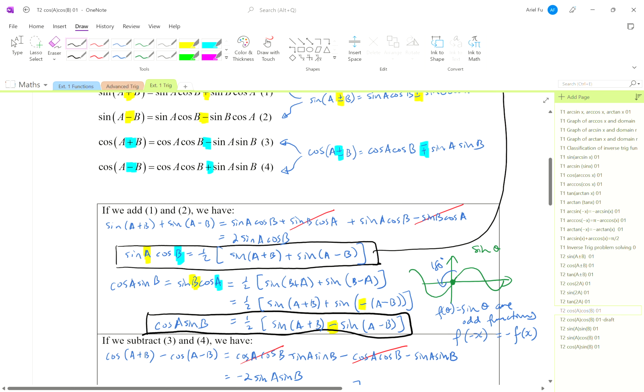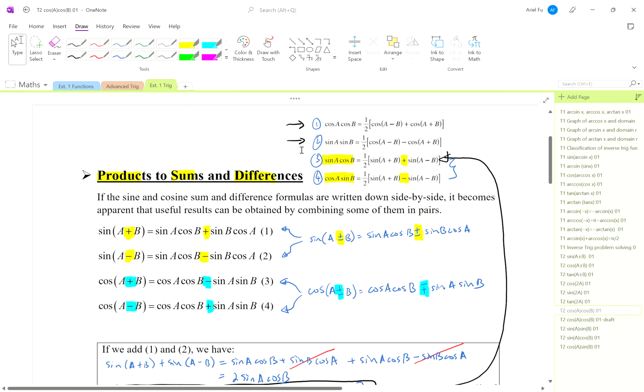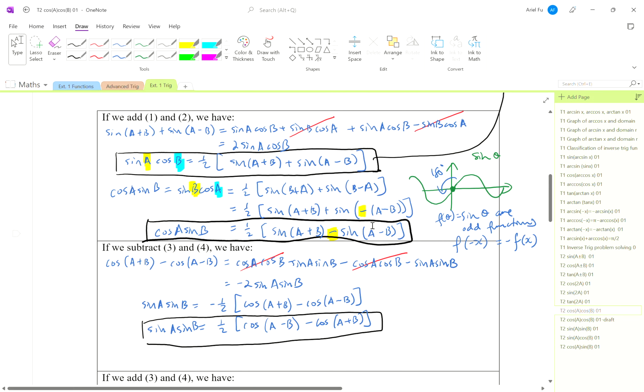That is the same as the second one on your formula sheet, sine A sine B equals half of cosine A minus B, take away cosine A plus B, which is this one.